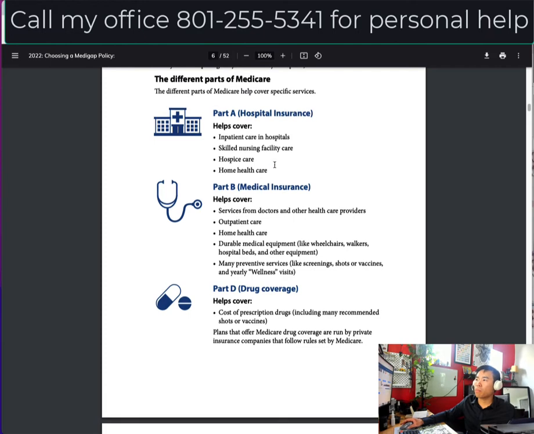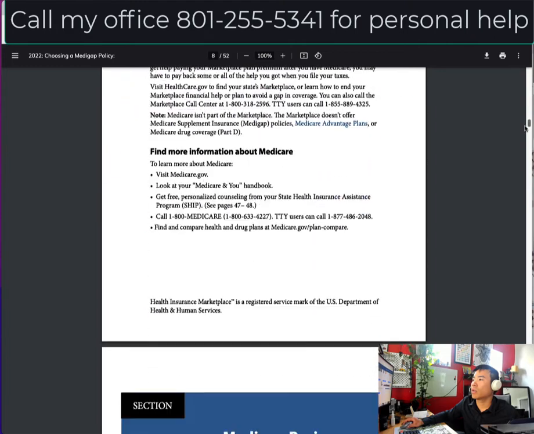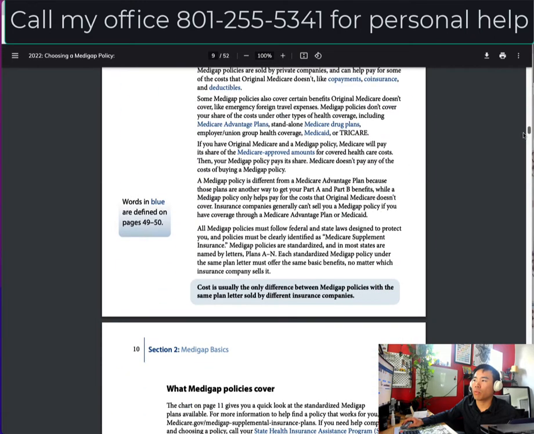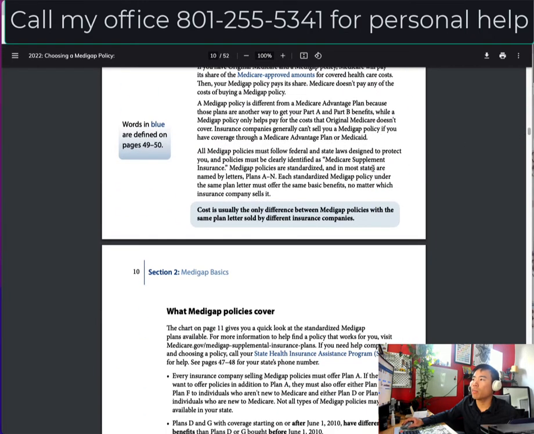Because of these gaps, you want to pick up a Medicare Supplement plan, and there's quite a multitude of options. Private health insurance companies are able to offer different types of Medicare Supplement plans that you can differentiate by their letters, from Plan A through N. Medigap or Medicare Supplement policies are also standardized.